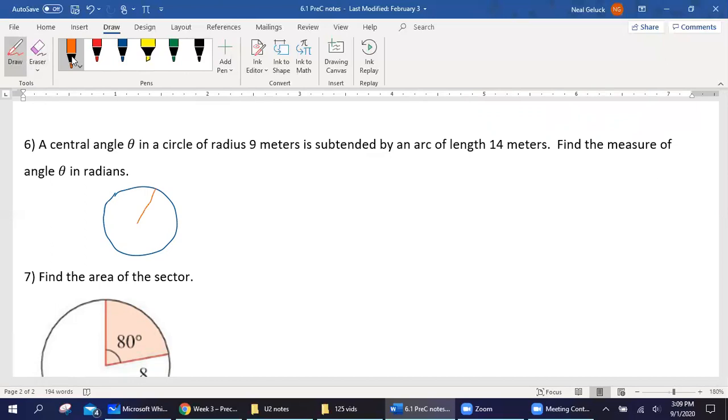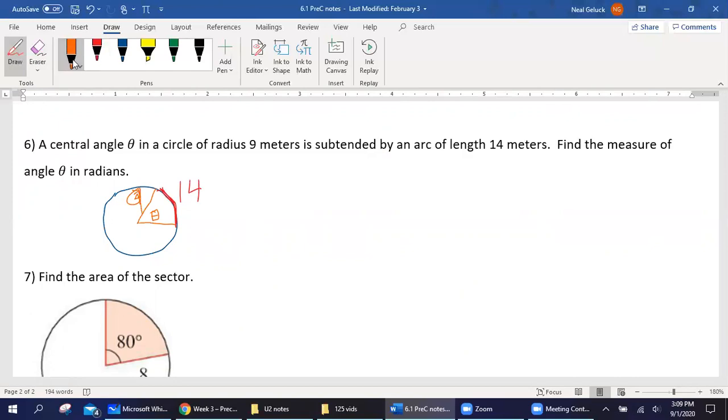I'm not worried about it, but I'm going to draw a central angle of theta. The circle has a radius of 9. Now this time it's telling me the arc length. So it's telling me the length of the arc is 14. I want the measure of the angle.